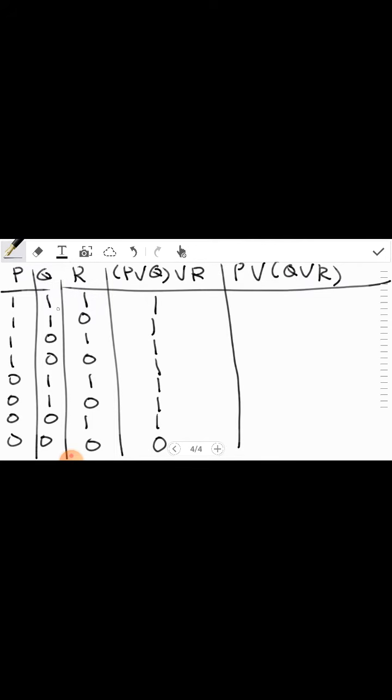So we get Q or R. Q or R, that's 1. Then P or, so that's 1 or 1, 1.